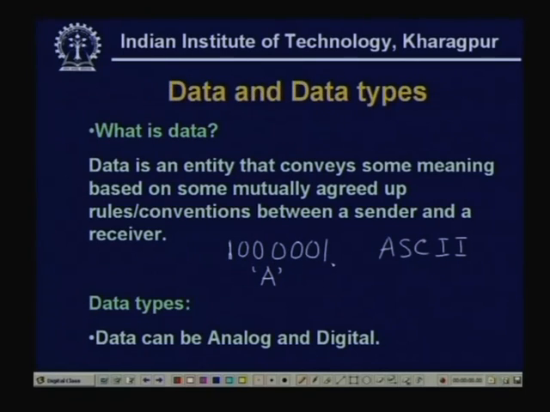So, now it has become data. Until the receiver is able to interpret it, it is not data.